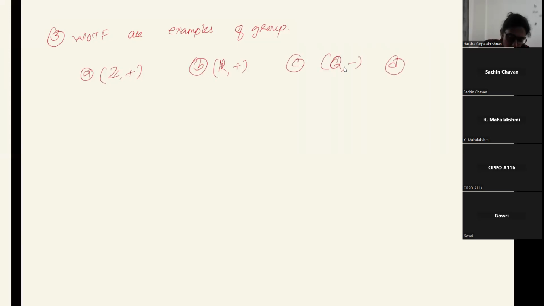So first of all, before going to the answer, let us see what a group is. When will we say a set G with a binary operation star is a group? What are all the properties?